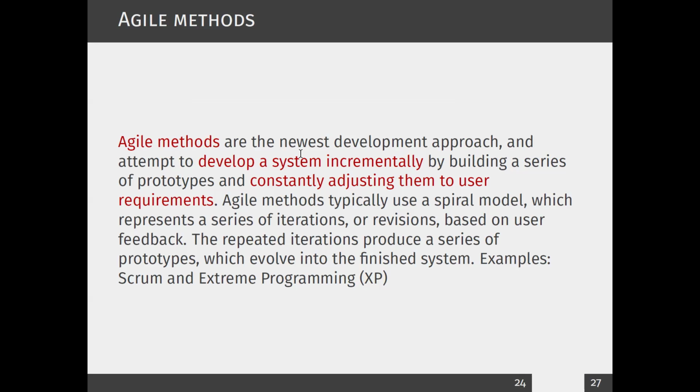So in the previous approaches, the involvement of the user is very minimal, right? But in agile, we tend to get more user input. And there are various techniques we use under agile methods, like Scrum and extreme programming, as two examples.